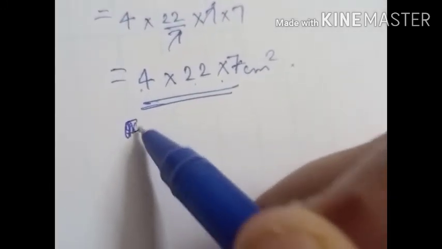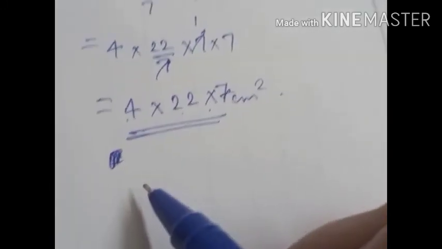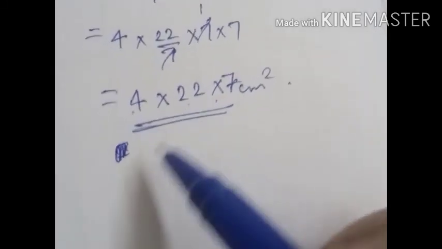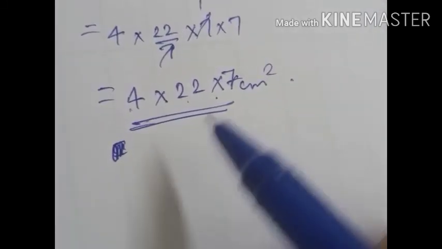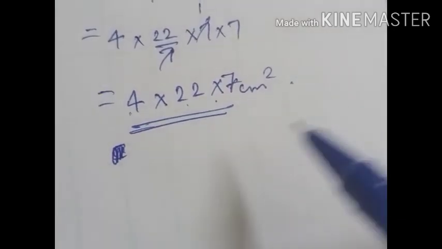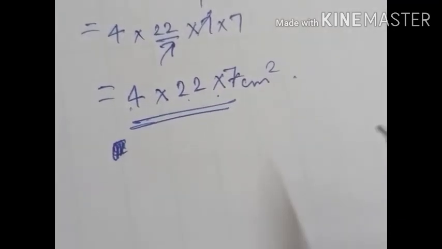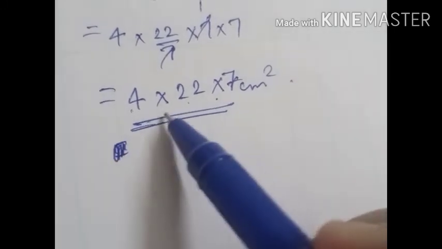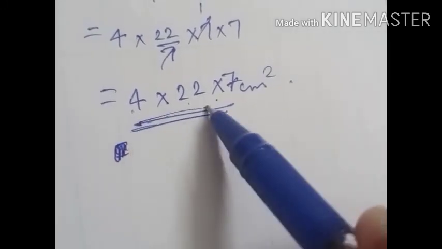Because here we have to find the ratio, after finding the ratio only we can simplify. Otherwise, you can simplify here itself, but then we should do the same step after finding the ratio also. So here in this question we have to find this much only.